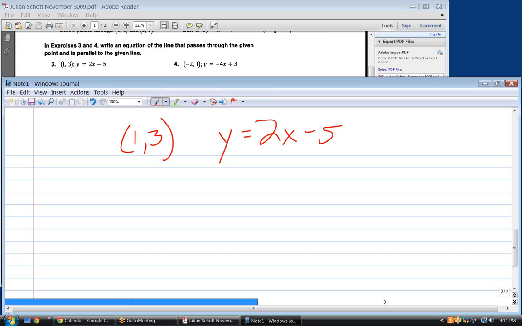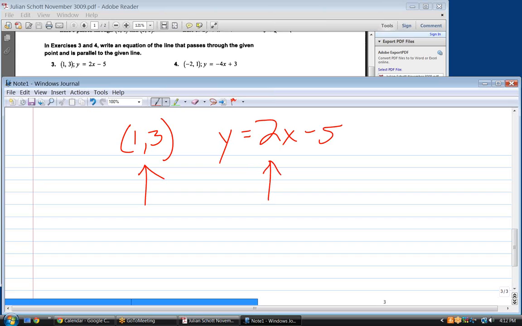But what they want is an equation that goes through that point and is parallel to that line. So what does that mean, that it's parallel to that equation? What does that mean in terms of what we need? What's the slope of this equation that I've got the arrow pointed to?